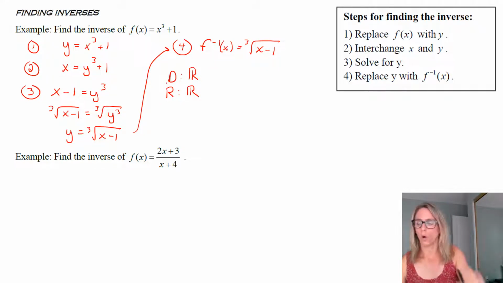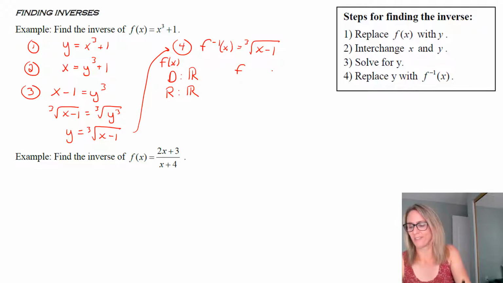Because of that, the range is also all real numbers. Okay, so the reason I say that is because of this note at the bottom of the page: a function and its inverse will have opposite domain and range.